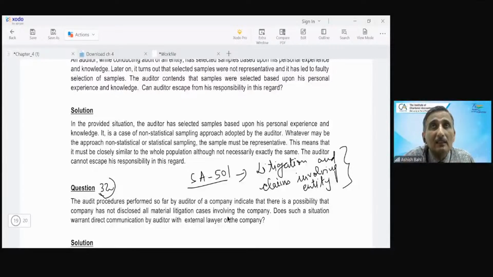These may have a future impact. So does such a situation warrant direct communication by the auditor with the external lawyer of the company? What does SA 501 state about it?